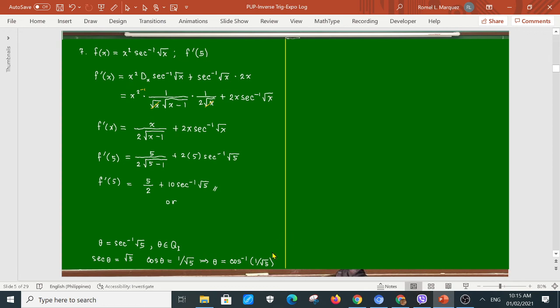So the value of this theta is approximately 1.107. Okay guys? That's the value.